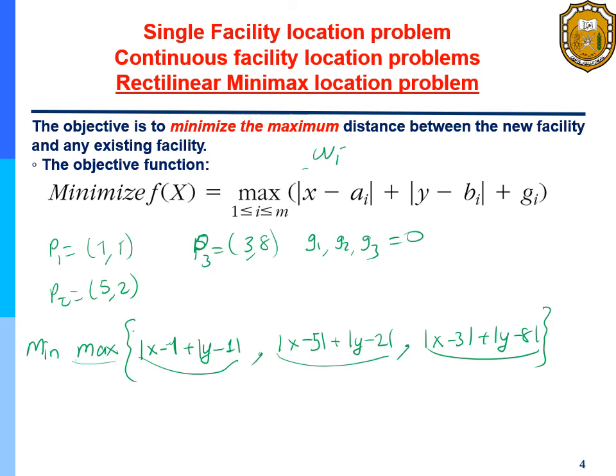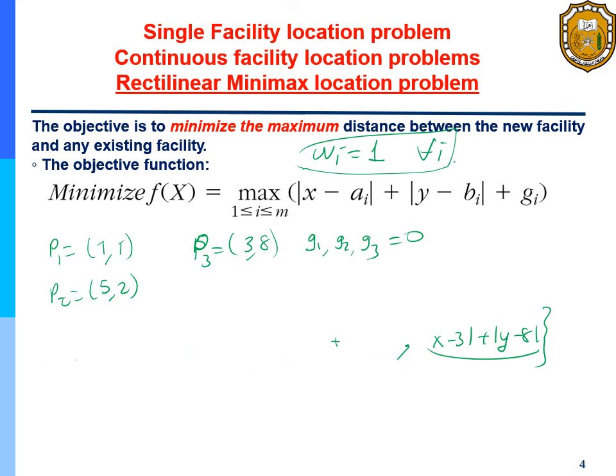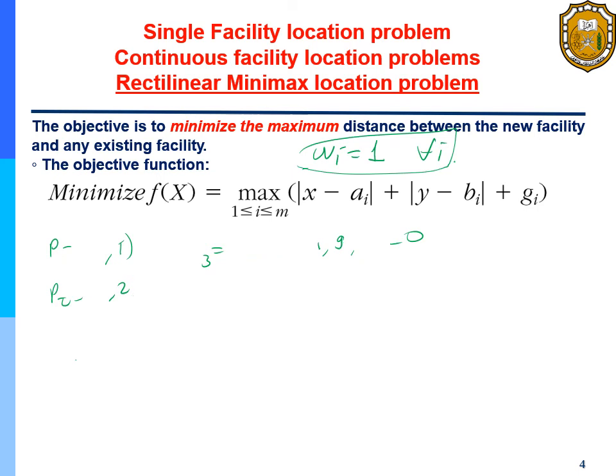So our assumption here is Vi is equal to 1 for all i, so that we ignore it. So this is the min-max objective function, and we will be learning a method to solve this problem with min-max objective.